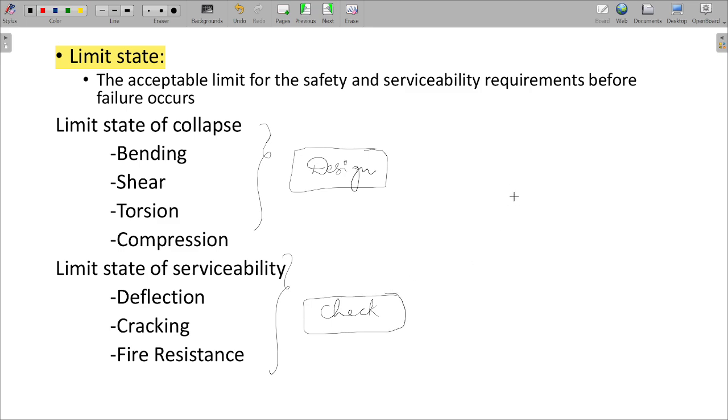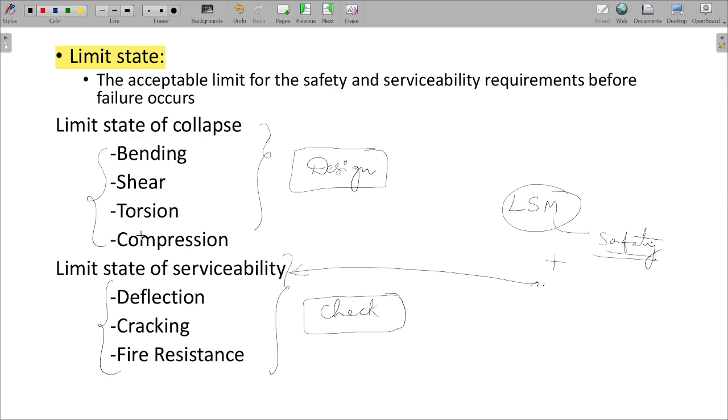As we mentioned earlier, limit state method not only takes into account the safety of the section at the time of construction, but also the serviceability. So for serviceability we check our design. This we have to remember, very important for competitive exams.